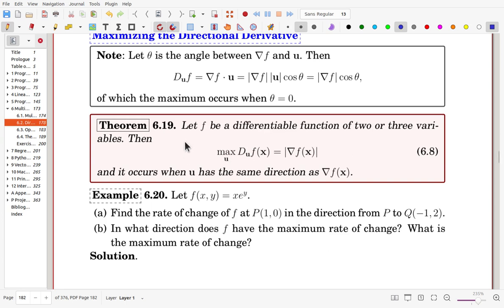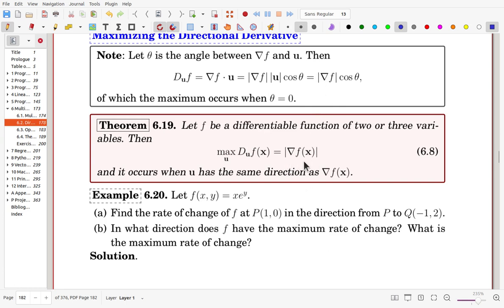We say here in the theorem: f is a differentiable function of 2 or 3 variables, then the maximum, now we are taking the maximum over u, of D_u f is the length of the gradient of f. That is the maximum.